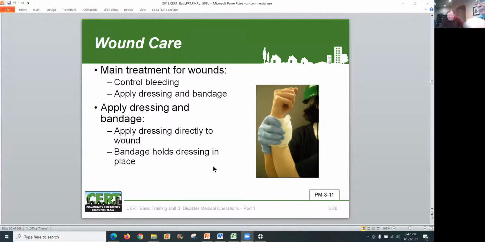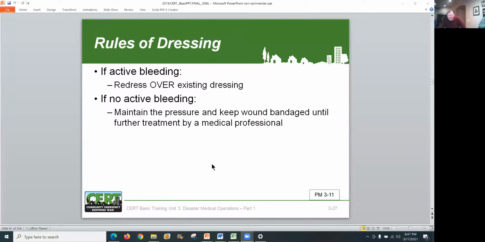Once you get to the hospital, they're going to take it off and put something a little more appropriate, and then we need somebody to hold that in place. Sometimes the patient can hold it in place, but other times a family member or a volunteer can help hold it in place. I hope that helps with burns anyway.